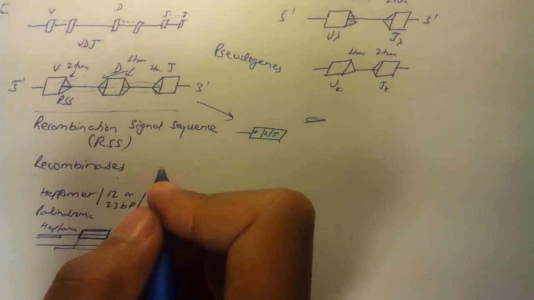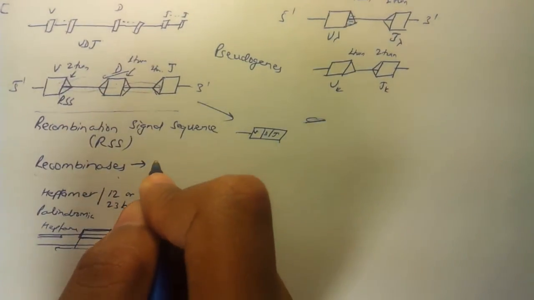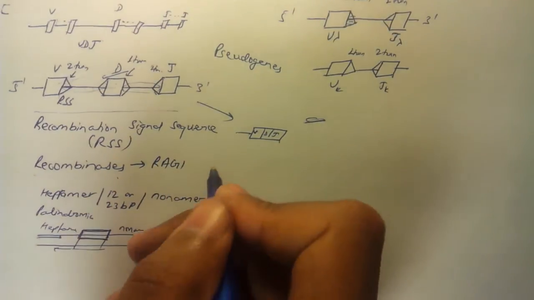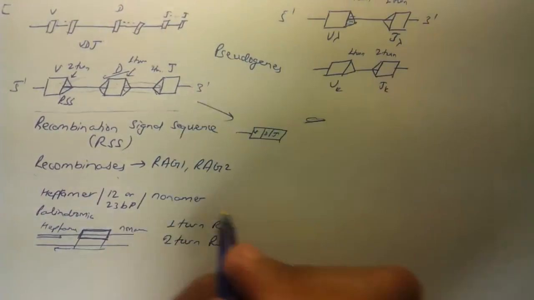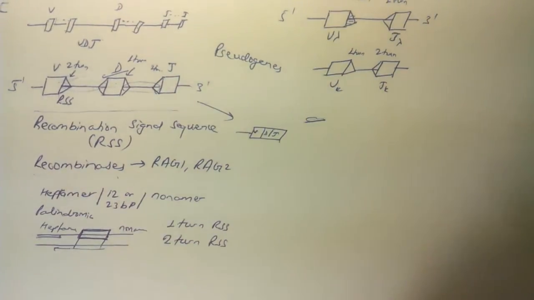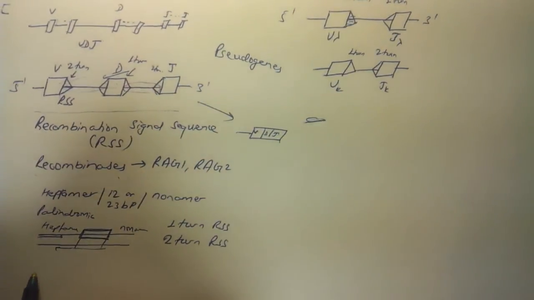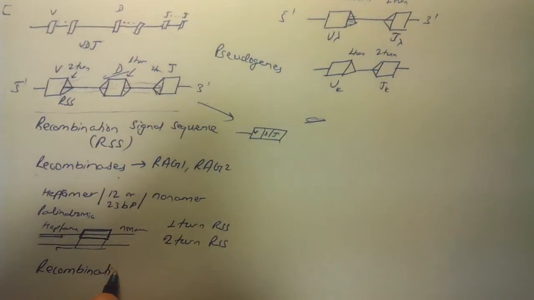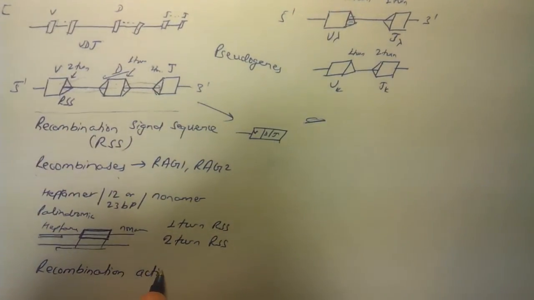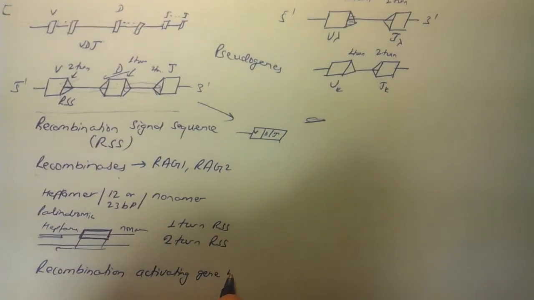And there are two different recombinase enzymes called RAG1 and RAG2. The names RAG1 and RAG2 stand for recombination activating gene 1 and 2.